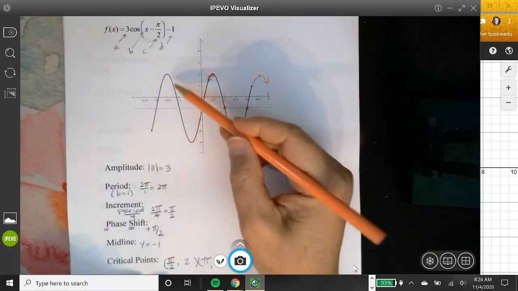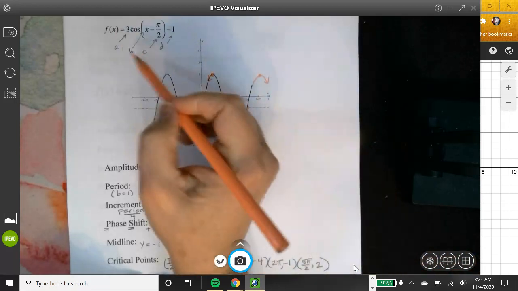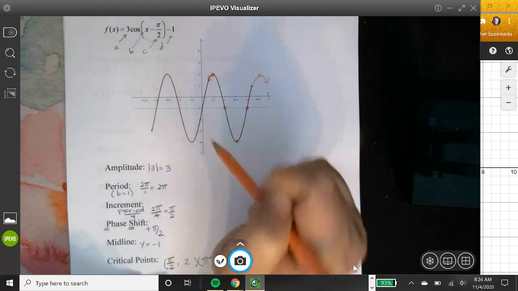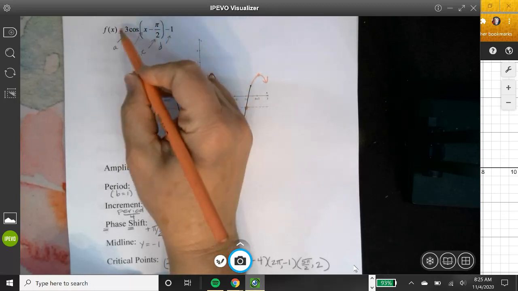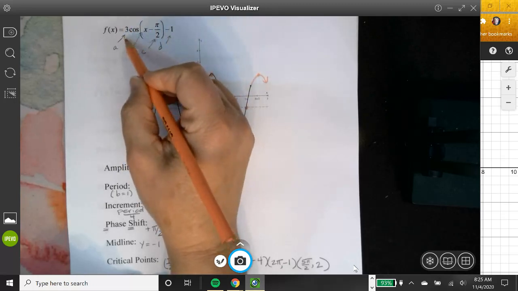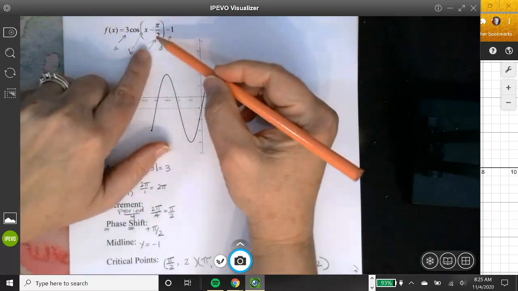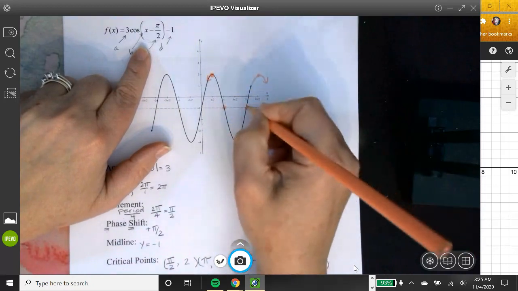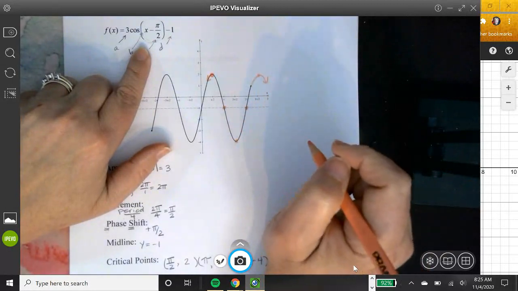But since this curve has infinitely many cycles, I could name this curve infinitely many names. Okay, and the name or the equation for this curve that they gave us was 3 cosine x minus pi over 2 plus 1 minus 1, which was talking about the piece of the curve that is right here that I have in this peachy color here.